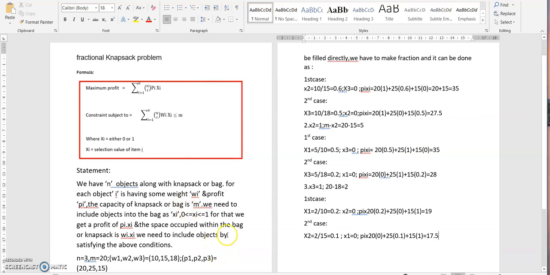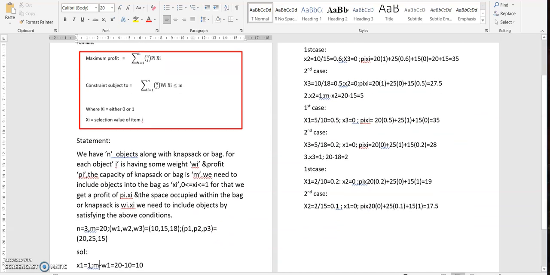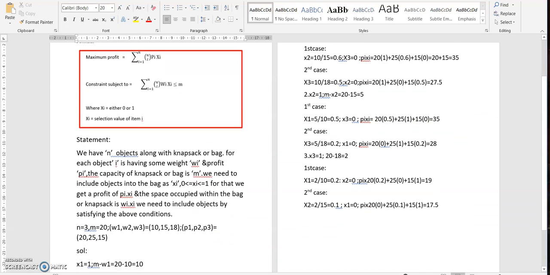Okay, this is the way you need to find the fractional knapsack solution. Here you just need to remember only one thing. What is that? After including any one object, we need to include the remaining two also. For that we have to make those objects into some portions.